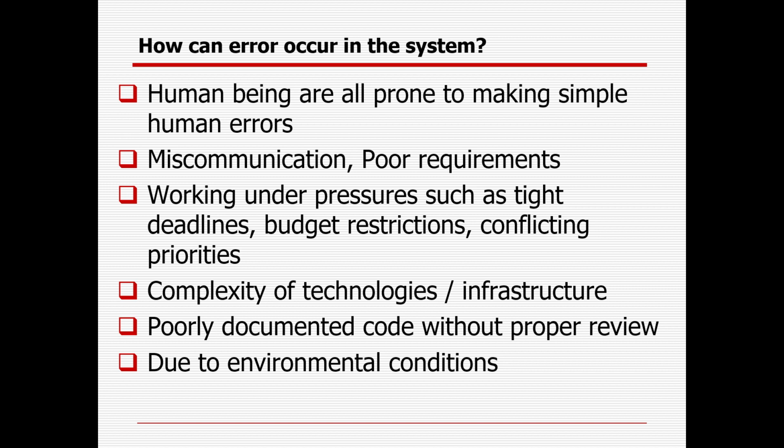So what are the primary conditions for which an error might occur in the system? First, we are all human beings, we can make mistakes. There might be miscommunication between the different parties involved, from top to bottom or between different teams. Requirements are not up to the mark.